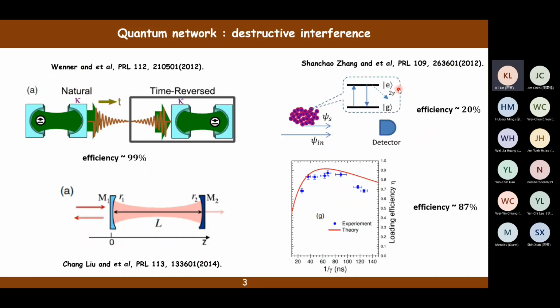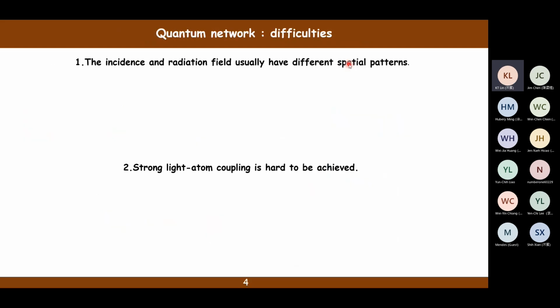There is also some group trying to study how to load photons into an optical cavity, and another group trying to study the many-body effect of an atomic cloud on the loading efficiency.